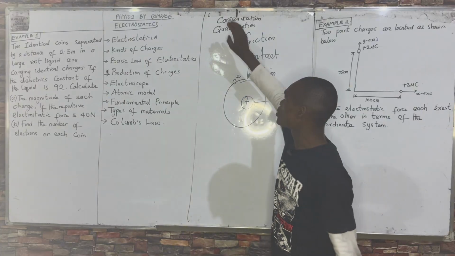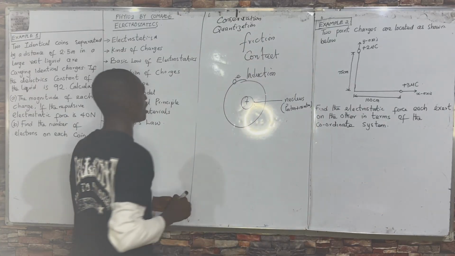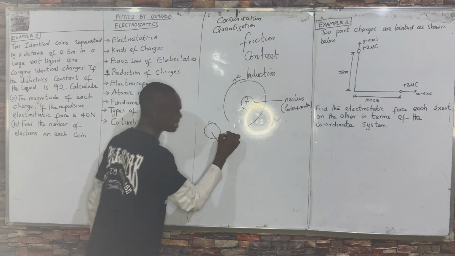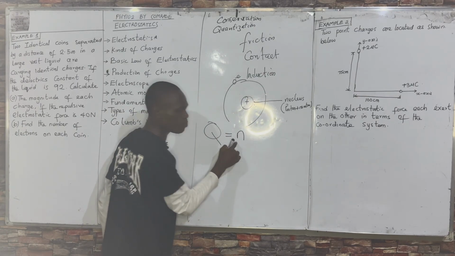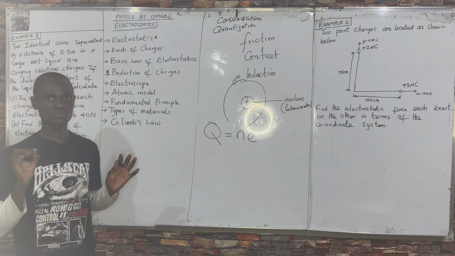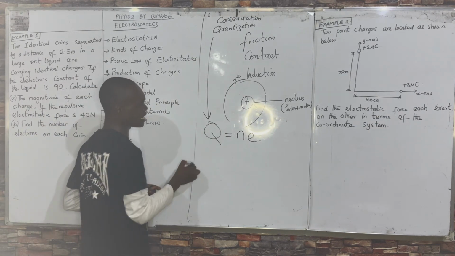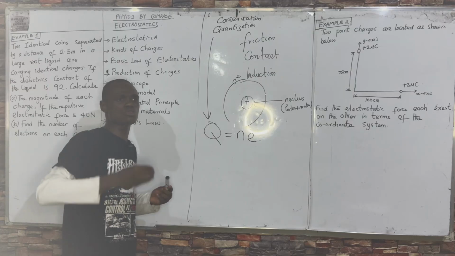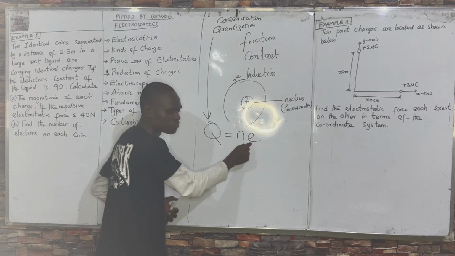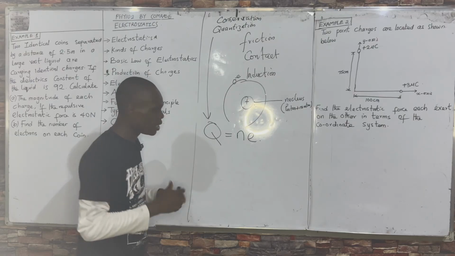Zero. While charge quantization is trying to tell you that the total charge in a body, Q, is equal to an integer multiple of the charge of the electron. So the quantization of charge is telling you that any charge that you see in a body is an integer multiple of the charge of the electron.